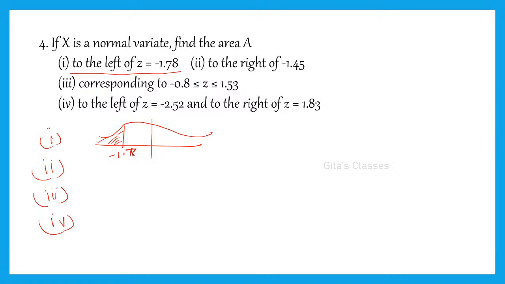This is our area required. So how will you find out this? Anaga, first one is not correct, ma. 0.4625 is not correct.